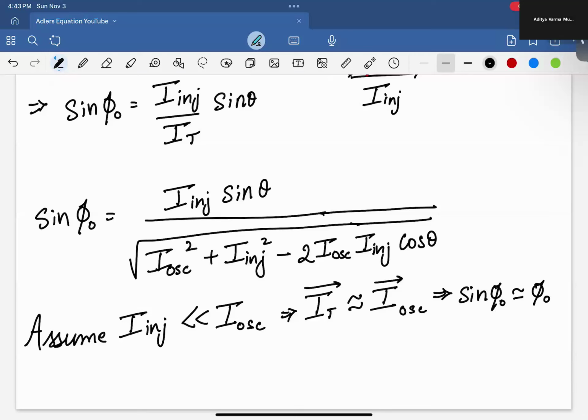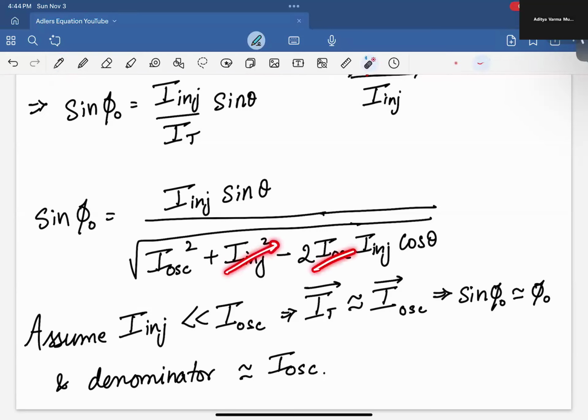And the denominator is approximately just I oscillation, right? Because I injection is small, so this term is small and this term is small. So you're only left with this really, right?